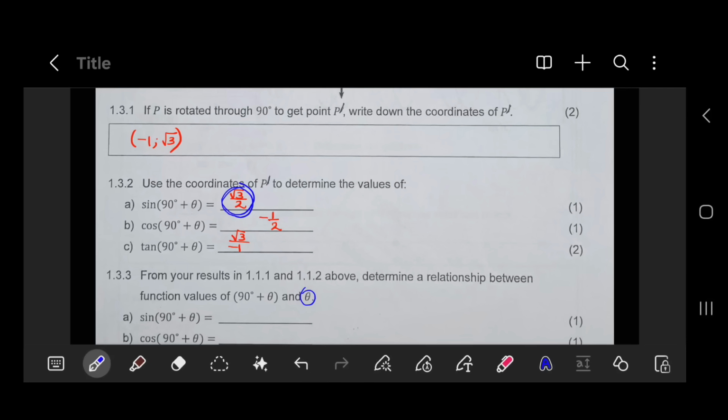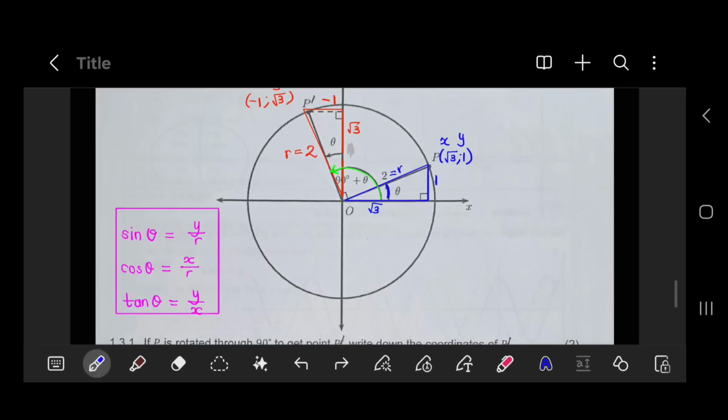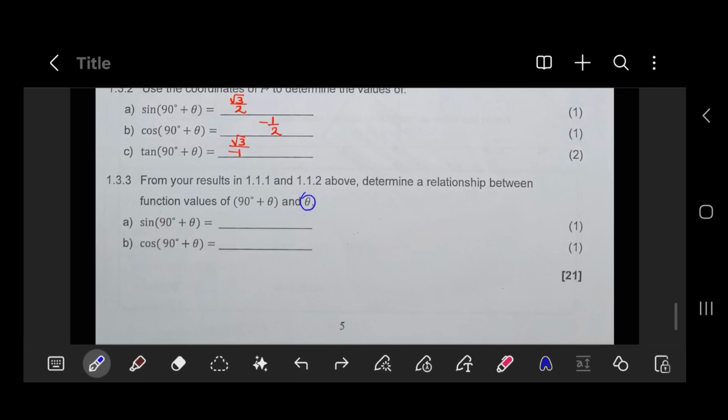Here is the value, square root 3 over 2. So we want to refer to the blue triangle and see what gives us square root 3 over 2. In terms of theta, that is going to be adjacent over hypotenuse. And what does adjacent over hypotenuse equal? It should be cos theta.